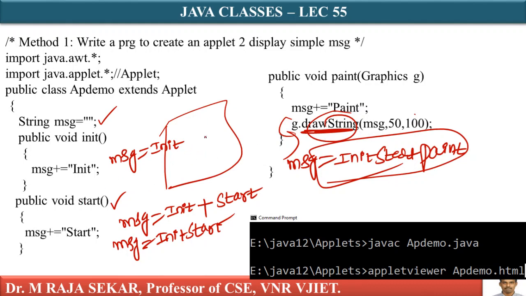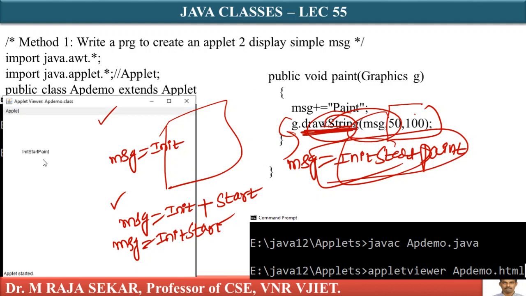This is an applet window, at position 50, 100. drawString means this message will be displayed. Just see, this message will be displayed at the 50, 100 position: the init start paint message is displaying.